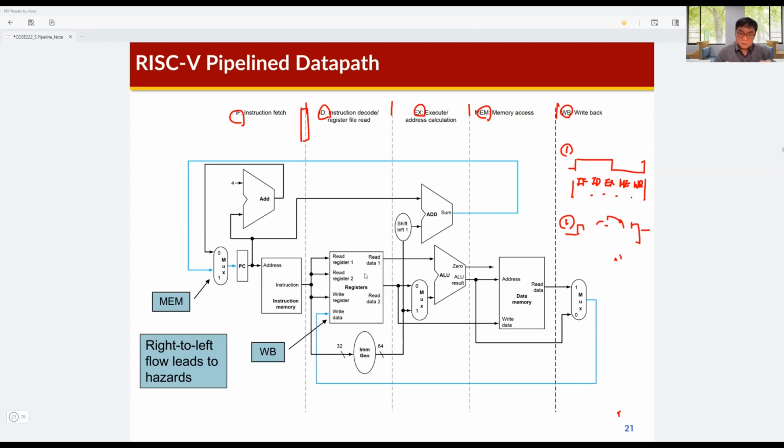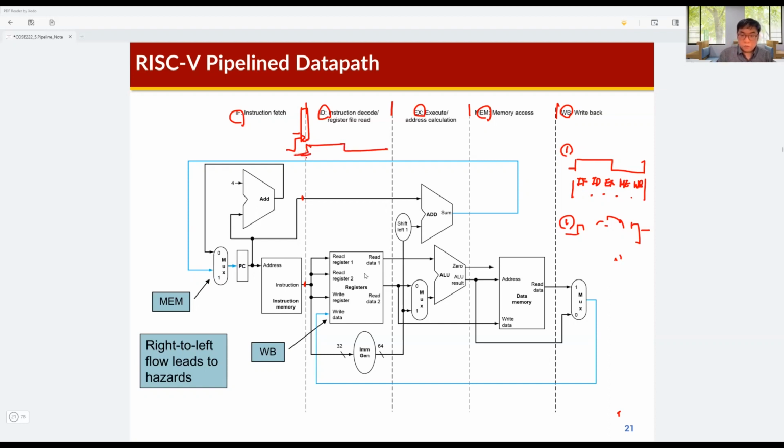So if we insert D flip-flops between neighboring steps of the single cycle processor design, what is the result of this instruction fetch stage? The program counter value and instruction. The result of the previous step is sampled by this D flip-flop, sampled at the rising edge of the clock here.